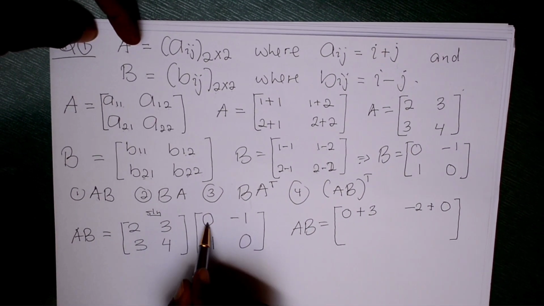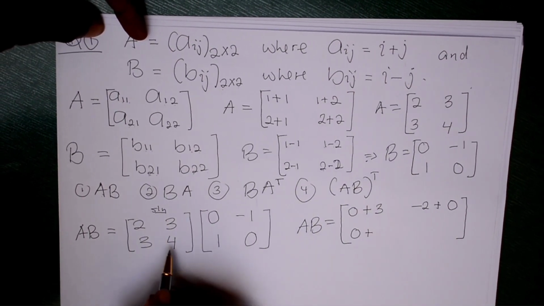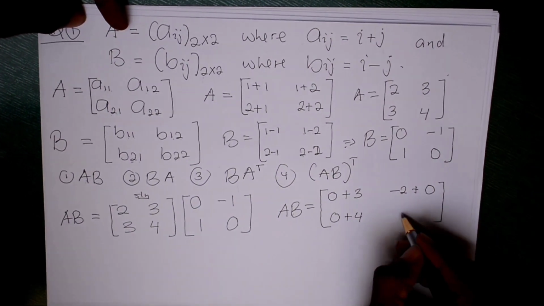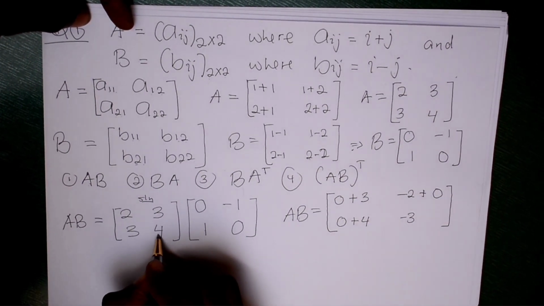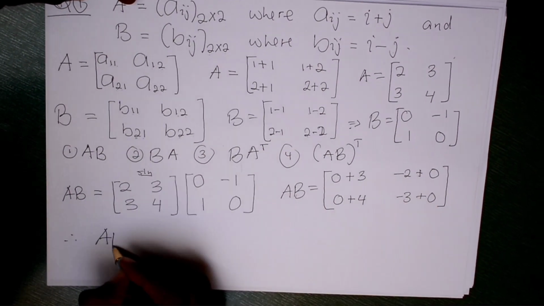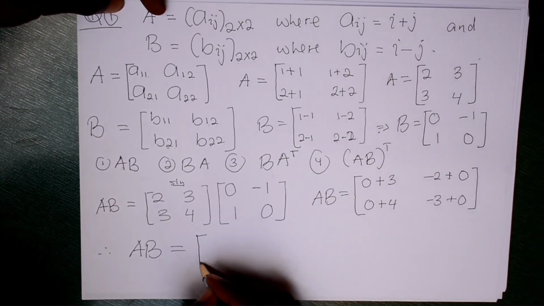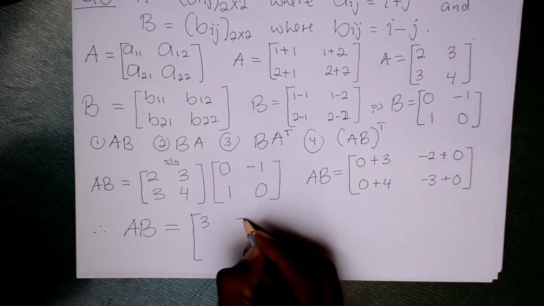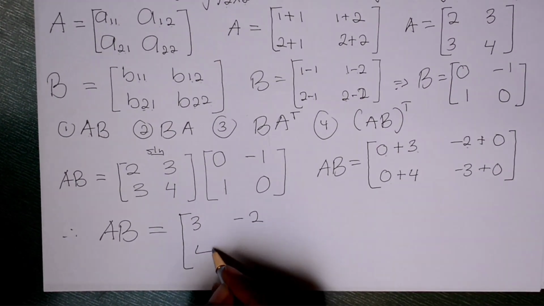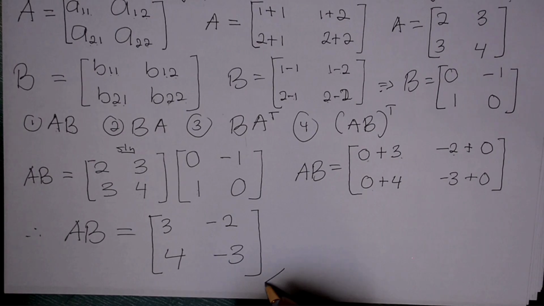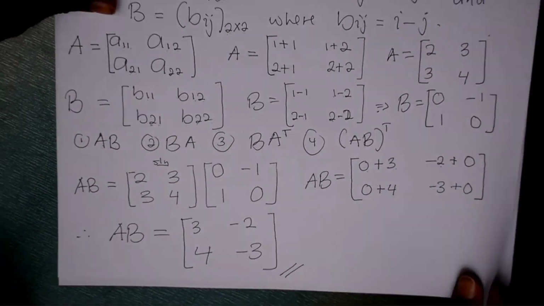Then 3 times 0, 0, plus 4 times 1, 4. Then 3 times minus 1, minus 3, plus 4 times 0, 0. Now AB will be equal to 3, 0 plus 3, 3, minus 2 plus 0, minus 2, 0 plus 4, 4, and minus 3 plus 0, minus 3. So this is AB.